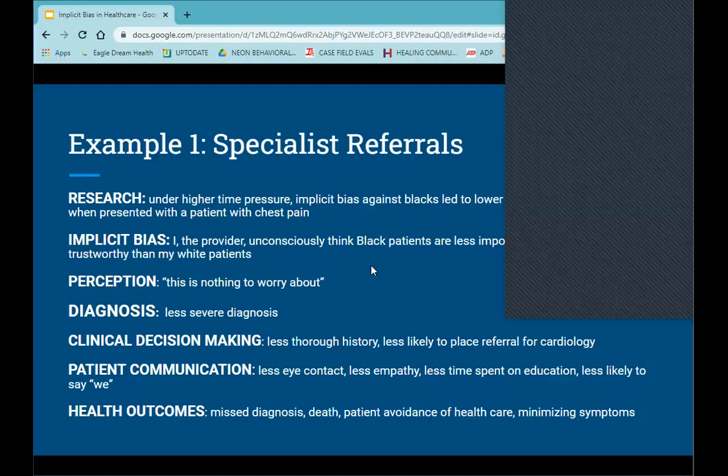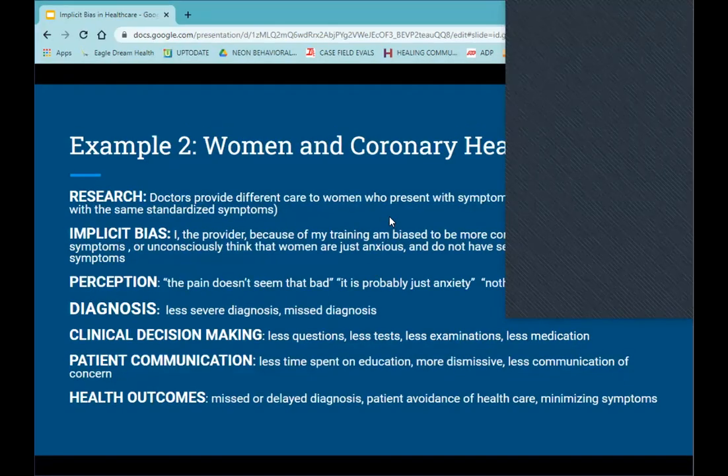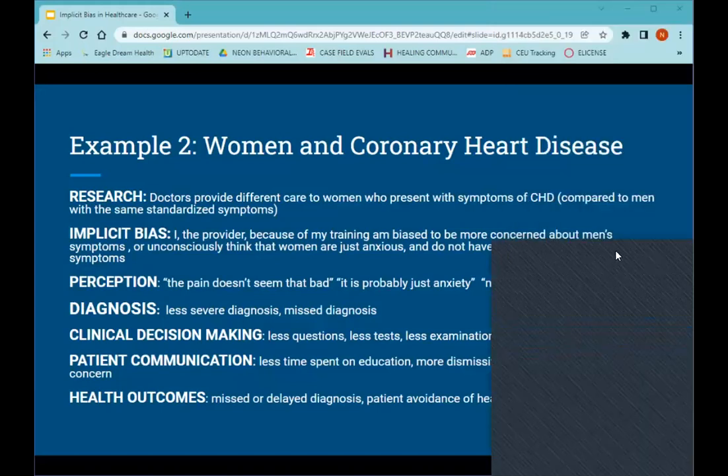Another example is women and coronary heart disease. There is a lot of evidence about how doctors provide different care to women who present with symptoms of coronary heart disease compared to men. They believe that some of this bias is that medical training focuses on men's symptoms of coronary heart disease.